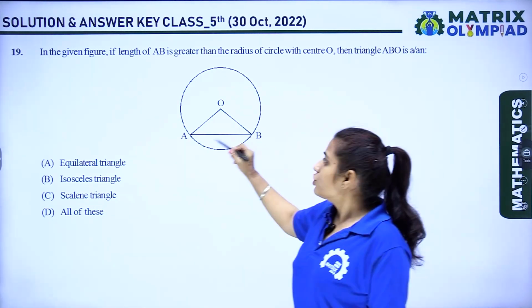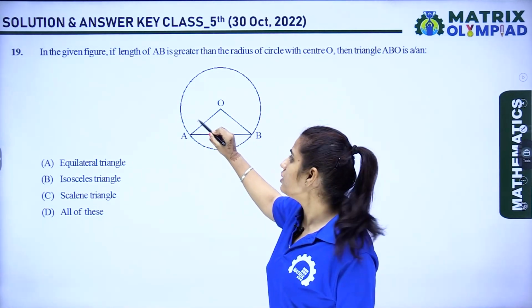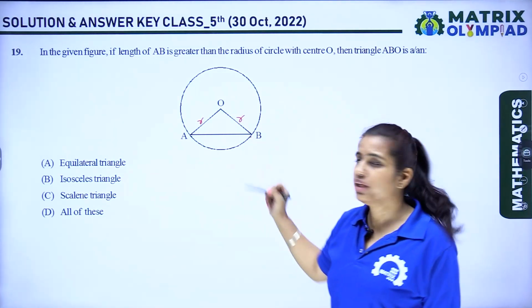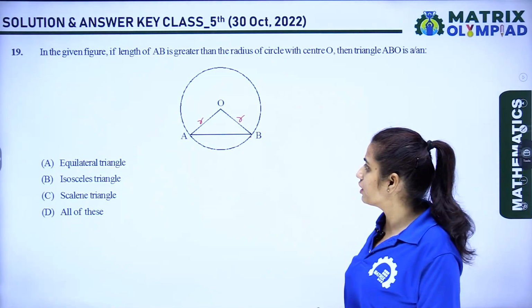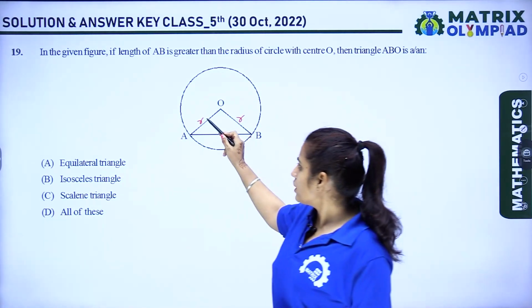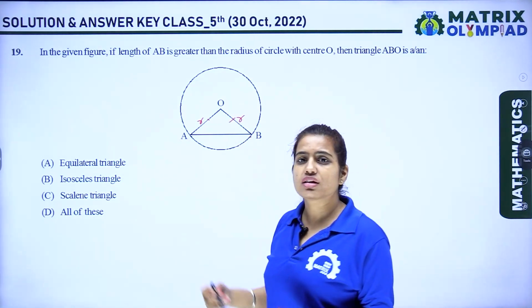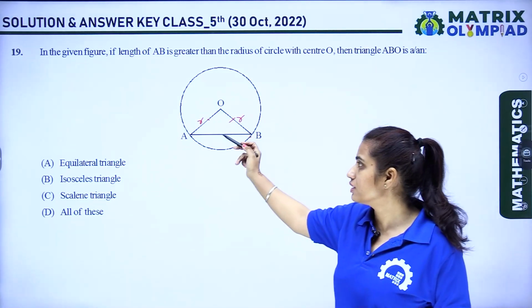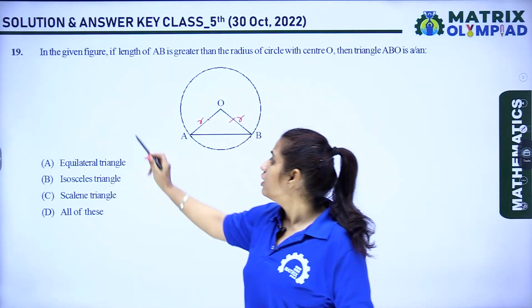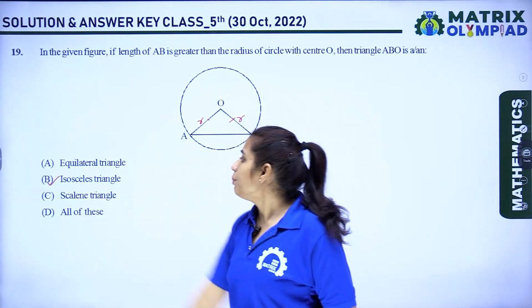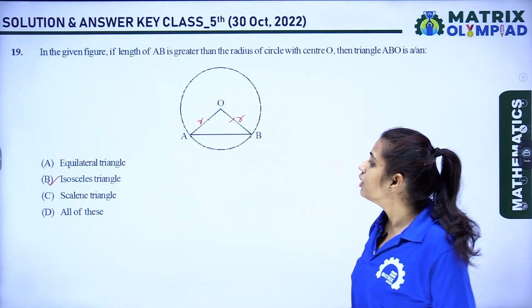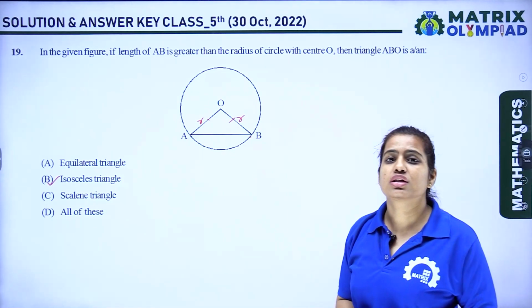So here OA is a radius, OB is a radius, and AB is greater than this radius. So if two sides are equal and the third side is greater than these sides, we can say that triangle AOB, or we can say that ABO, is an isosceles triangle.